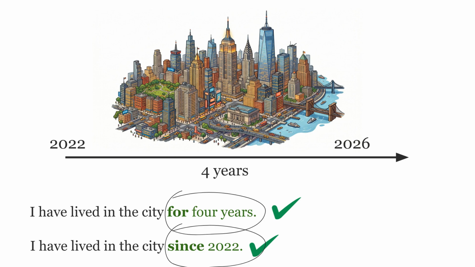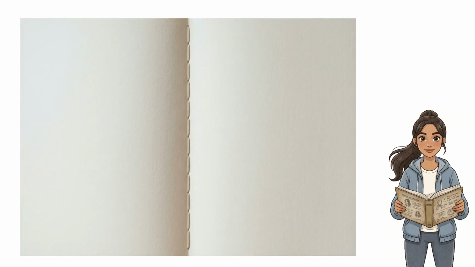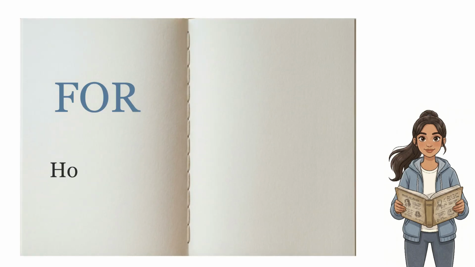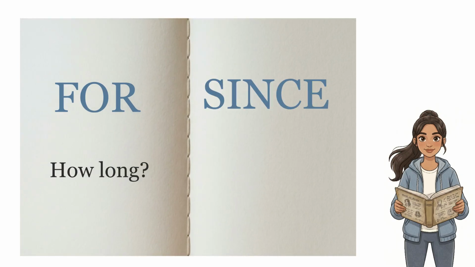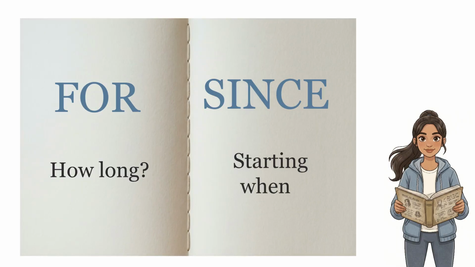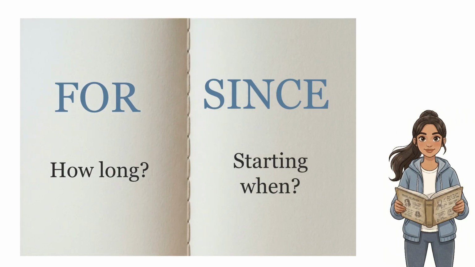That is the entire rule, and everything else in this lesson is just that rule applied to different situations. For answers, how long? Since answers, starting when? That's it. Write that down if you need to. Stick it on your wall. It is that important.